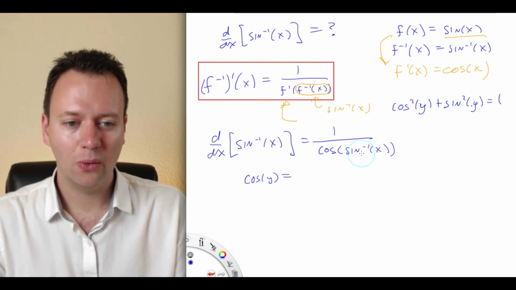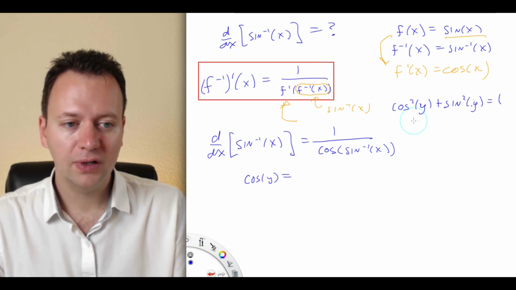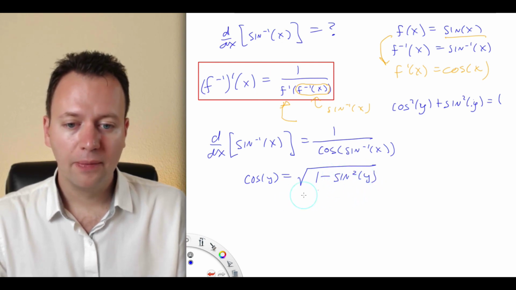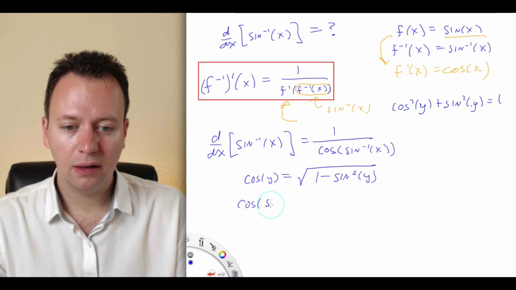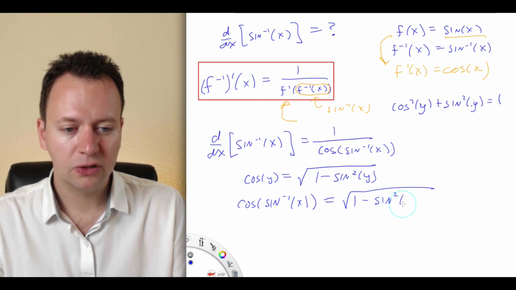So you see what we're doing. I'm going to replace y with sine inverse of x. Cosine of y in general is the square root of 1 minus sine squared of y. So therefore, cosine of sine inverse of x is going to be the square root of 1 minus sine squared of arcsine of x.